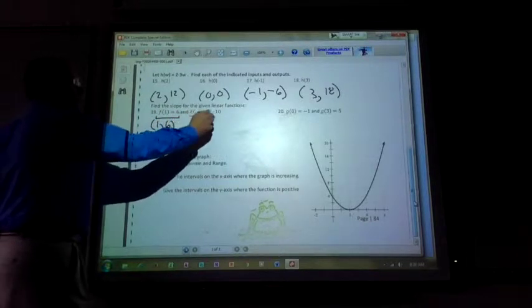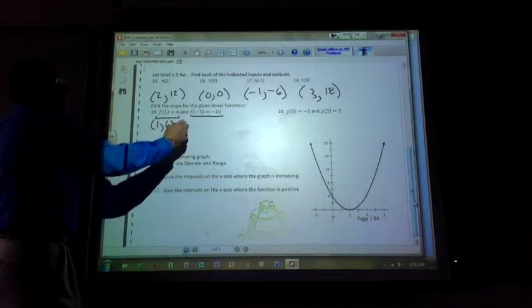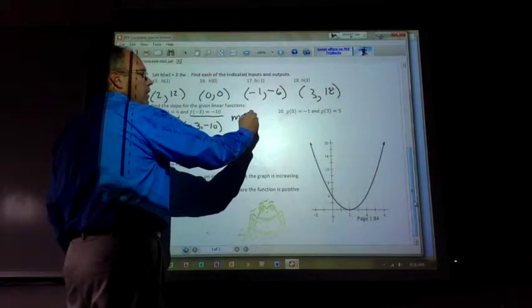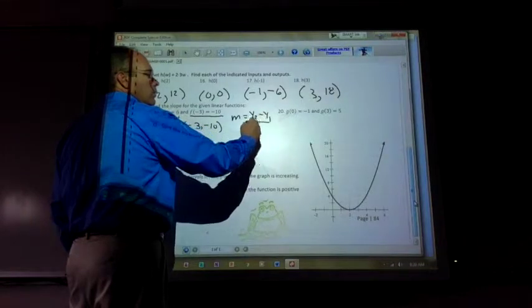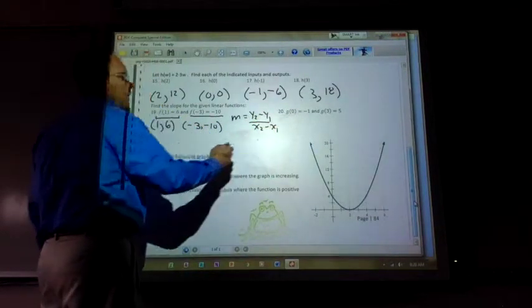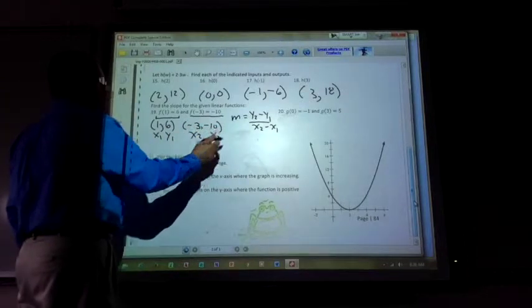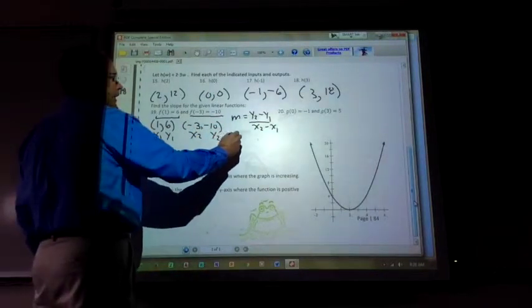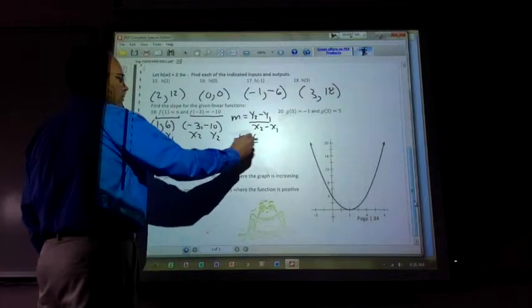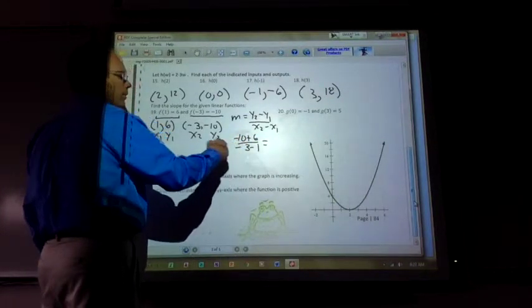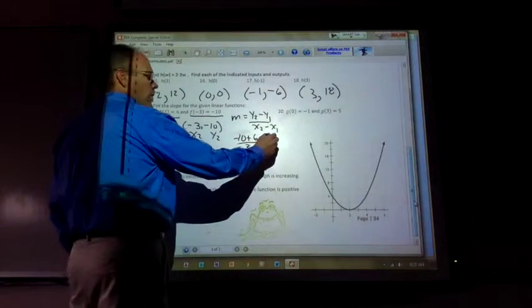What point is this one? -3, -10. And then I'm going to use the slope equation. You need to know this, guys and girls. So x1, y1, x2, y2. So I'm going to get -10 plus 6 equals -3 minus 1. -10 plus 6 is -4.